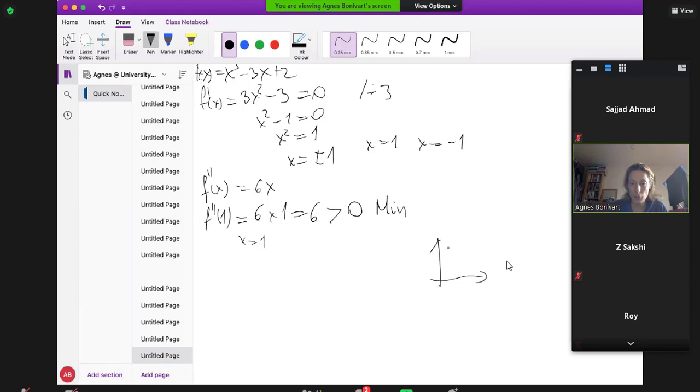See, we are in the plane, and in a plane, every point has an x and a y coordinate. A point is given when both the x and y coordinates are given, not just one of them. We have the x coordinate, it's 1. What is the y coordinate?